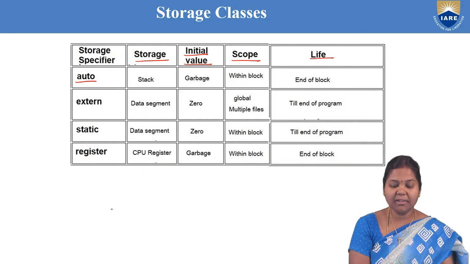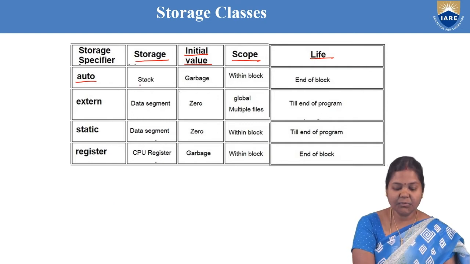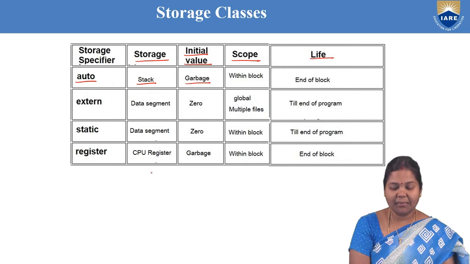The storage is in stack memory, the initial value is garbage, the scope is within the block in which it is defined, and the lifetime is till the end of the block. Normally, automatic storage class variables are local variables.